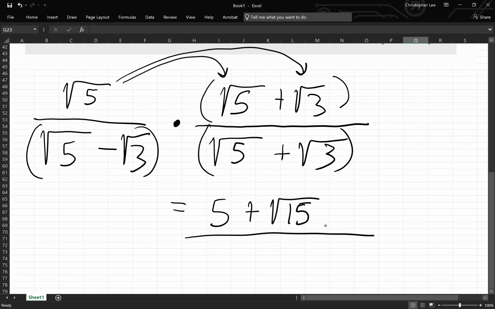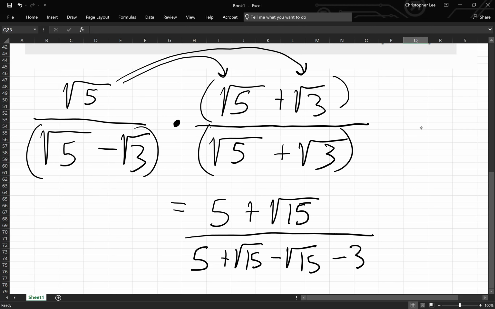And then we're going to distribute the bottom. Square root 5 times square root 5 is a positive 5. Square root 5 times square root 3 is plus square root 15. Negative square root 3 times square root 5 is a negative square root 15. And last but not least, negative square root 3 times positive square root 3 will give me a negative 3.